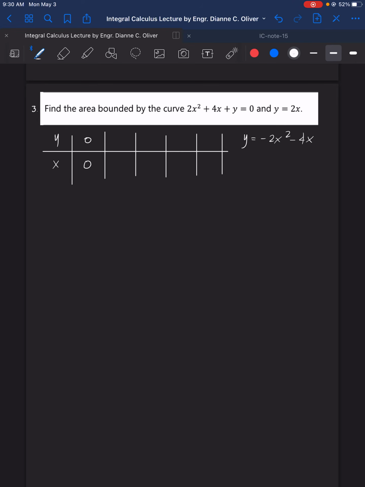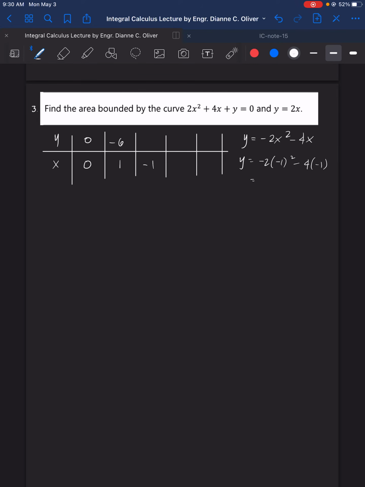If we put the value of x as 1, so let's see, y is equal to negative 2 times 1 squared minus 4 times 1. So y is equal to negative 2 minus 4, which is negative 6. Next, if we use the value of x as negative 1, y is equal to negative 2 times negative 1 squared minus 4 times negative 1.